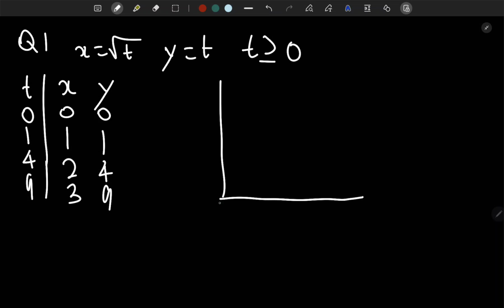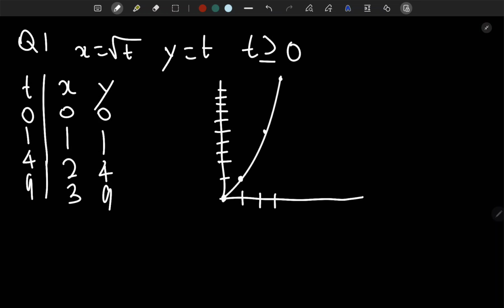So let's plot these values. 0, 0, then 1, 1 is going to be right here, and then we have 2 and 4, so 1, 2, 3, 4 right here, and for 3 and 9, I'm just going to guess it right over here, somewhere around here. And now if we draw the line, it is going to look something like this.